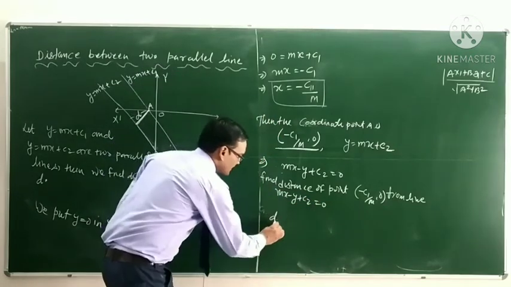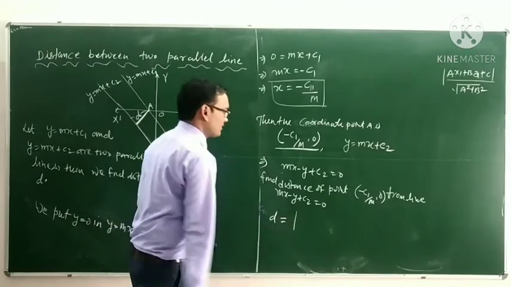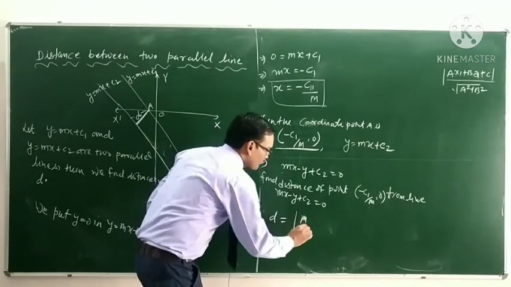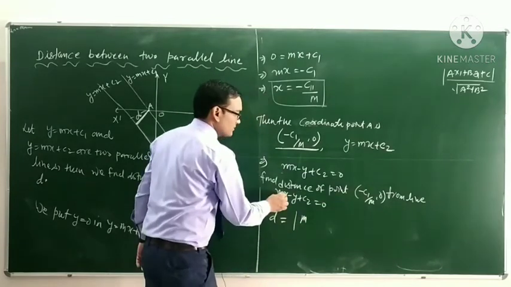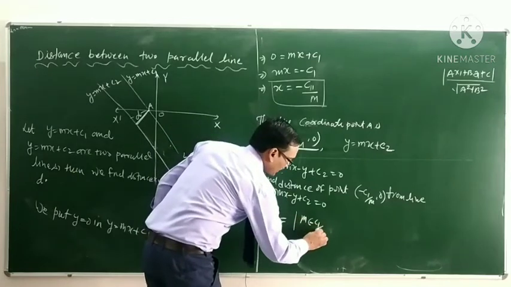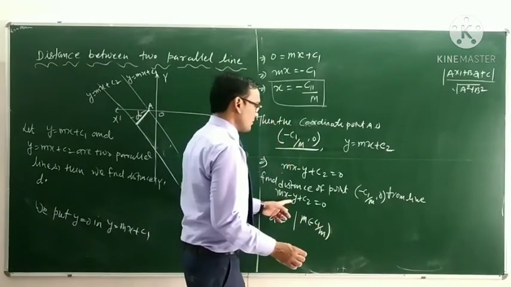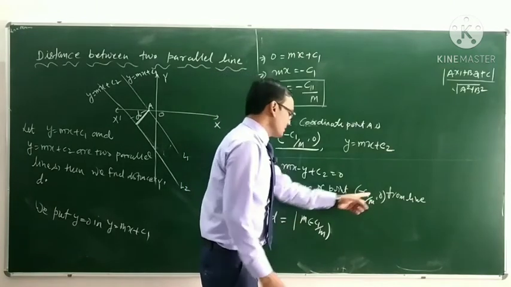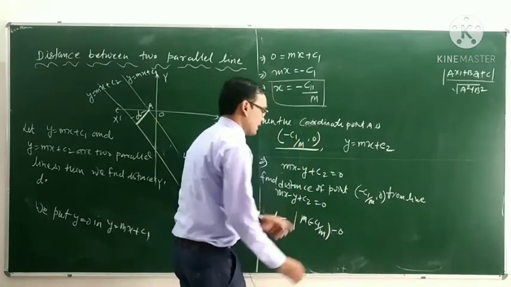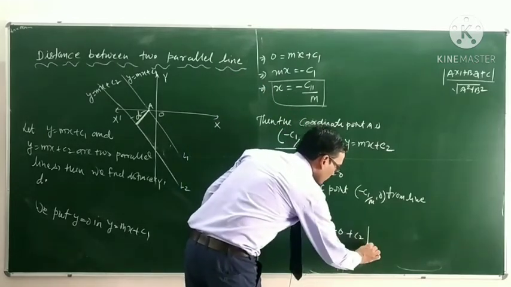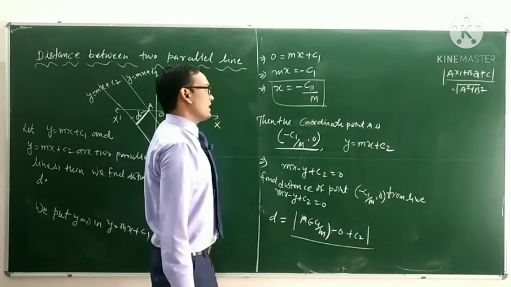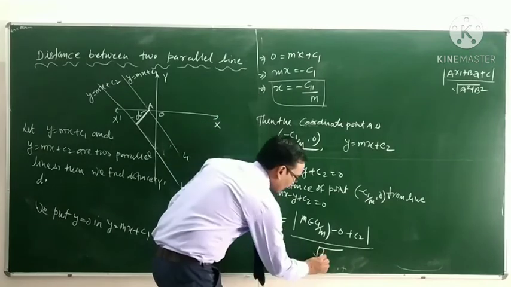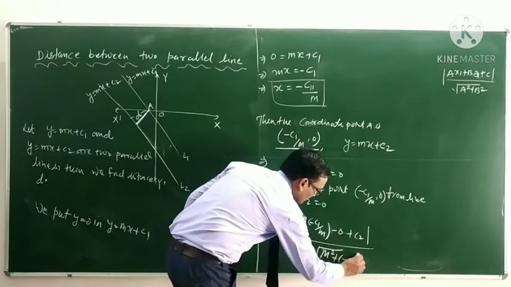Okay students, d equal to mod of ax1, that is m into minus c1 upon m, minus y1, that means 0, plus c2, upon square root m square plus minus 1 square.